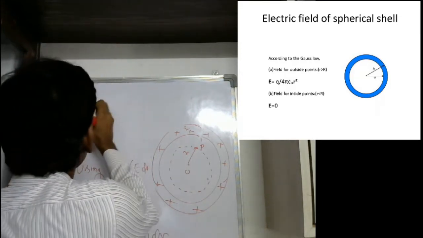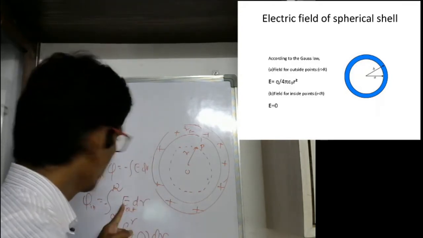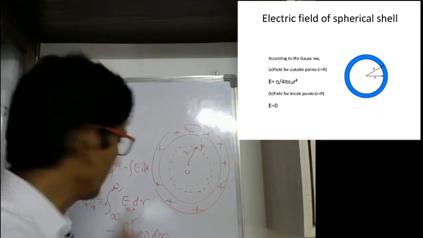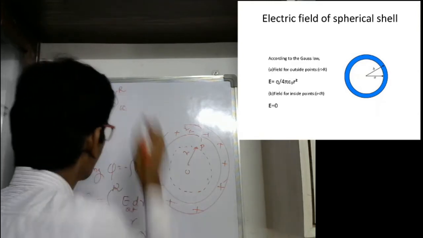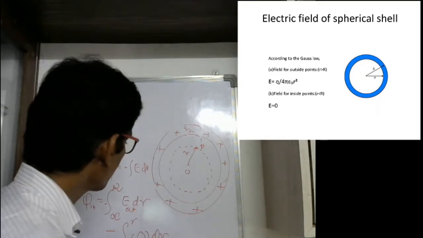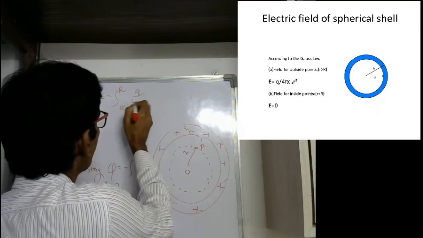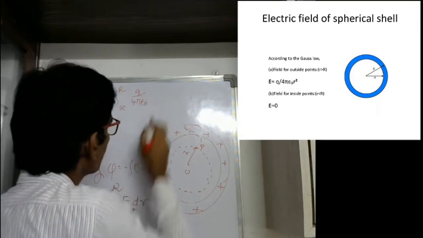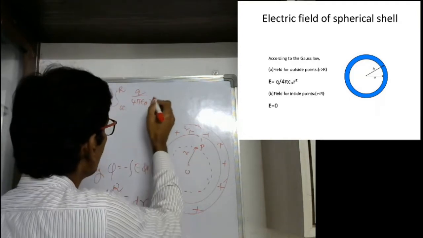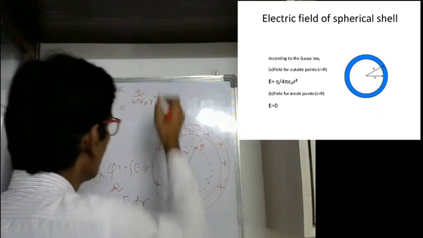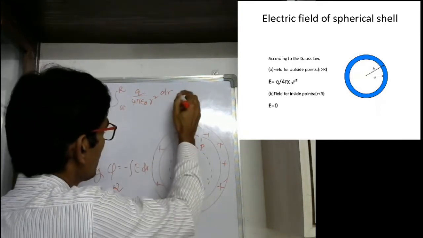Now, phi in is equal to, what is E out? Let us write it now. Minus integral infinity to R. What is E out? Q by 4 pi epsilon naught r square dr. Anyway, the second term is 0, minus 0.